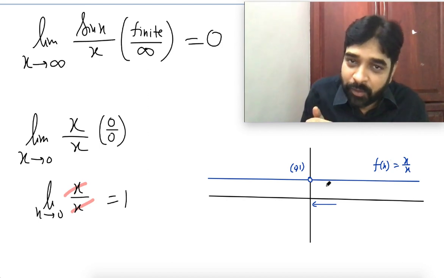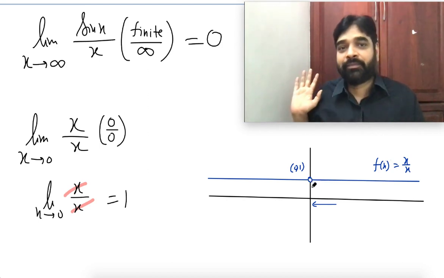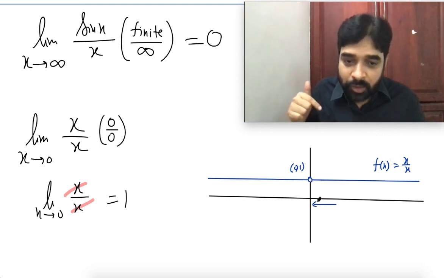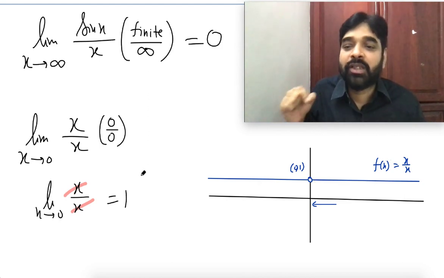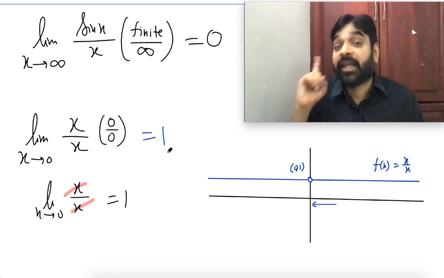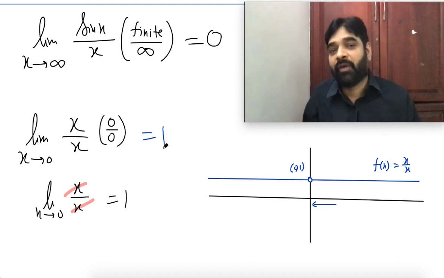The graph is going very close to 1. Understand? So this value will be exactly 1. So this limit answer is 1 and this is the exact value.